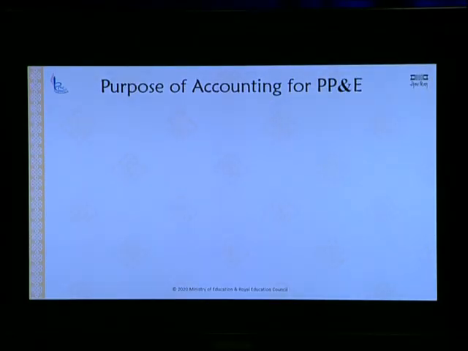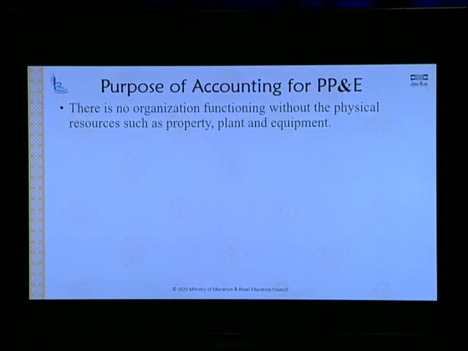So now let us see the purpose of accounting for property, plant and equipment. What is the reason for the company to account property, plant and equipment? The first reason is there is no organization functioning without physical resources such as property, plant and equipment. So it simply means that there isn't any business entity which does not have property, plant and equipment.